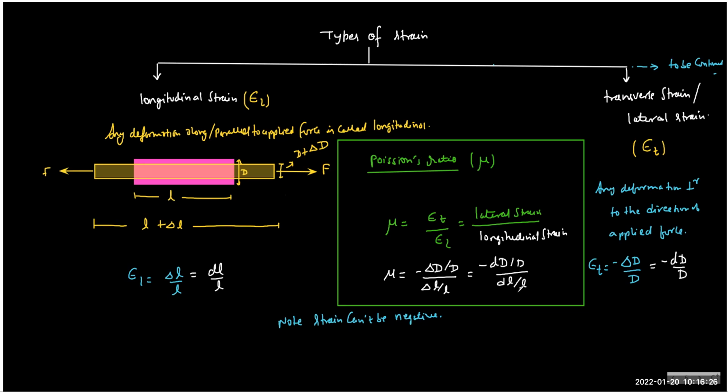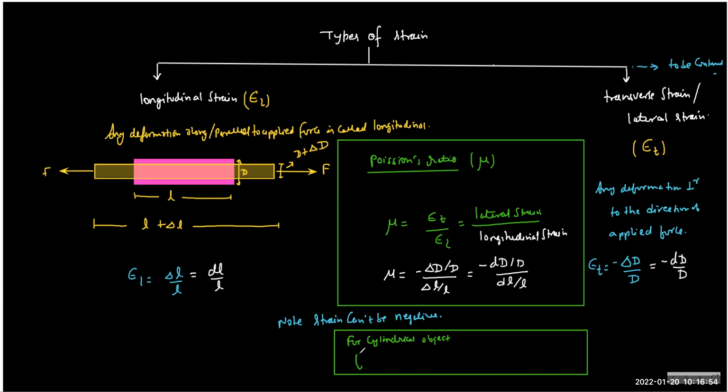And if we have a cylindrical object, of radius r and length L, the diameter is twice the radius, so we can write the diameter ratio.